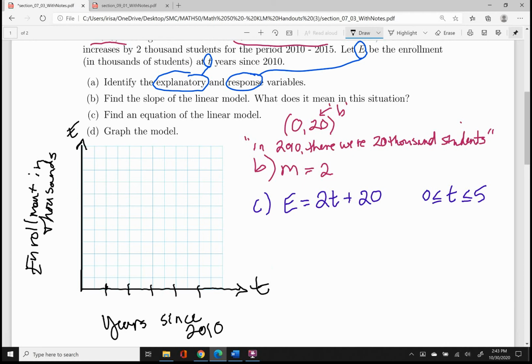If we want to have 20 be the initial condition, and it's supposed to go up, maybe this is 10. Or wait, if it's only going up by 2, maybe I'll go up by 5s. 5, 10, 15, 20. Yeah, that'd be good actually. So every 2 tick marks, I'm going to go up by 5.